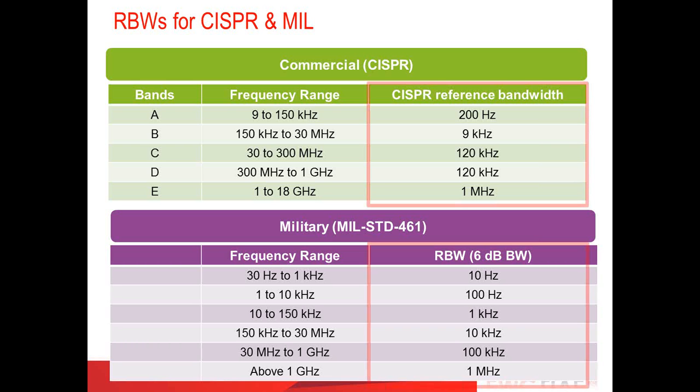Now, one of the other consequences of changing the resolution bandwidth filter is frequency resolution. Imagine you have an input spectrum of two tones, one higher, one lower. You can see that on the top. As you decrease your IF bandwidth, RBW, if your two tones fit within that bandwidth, all that power is going to get averaged together, and it's only going to look like one signal.